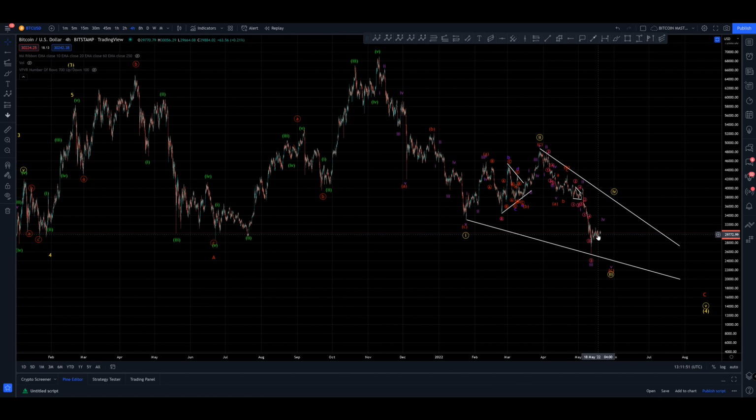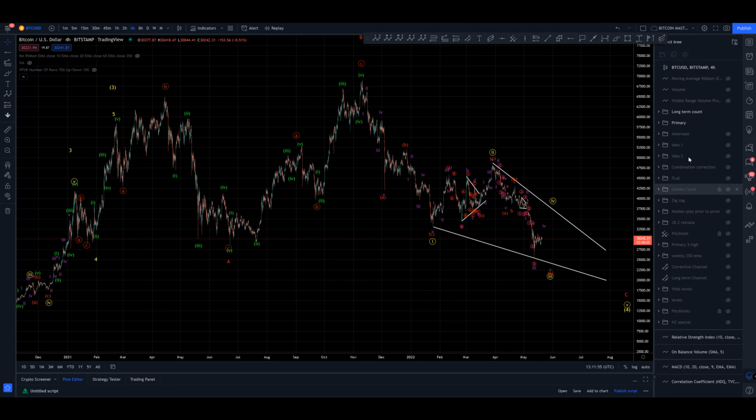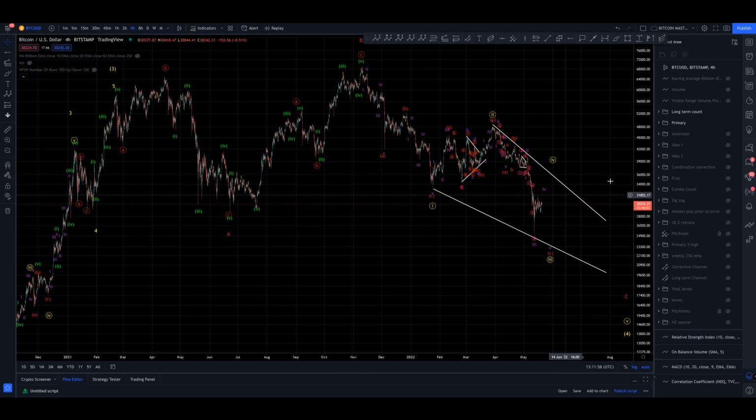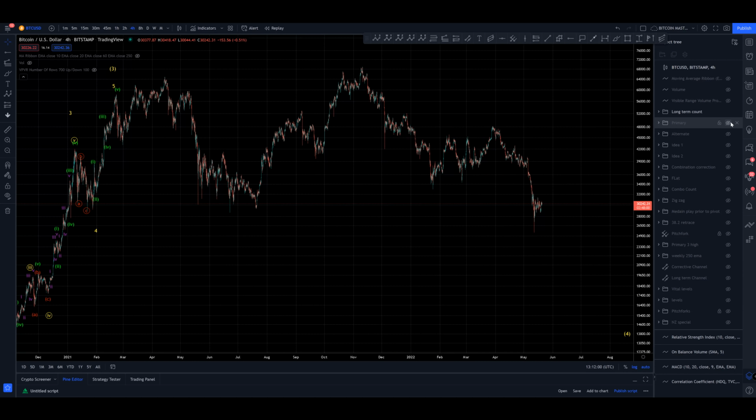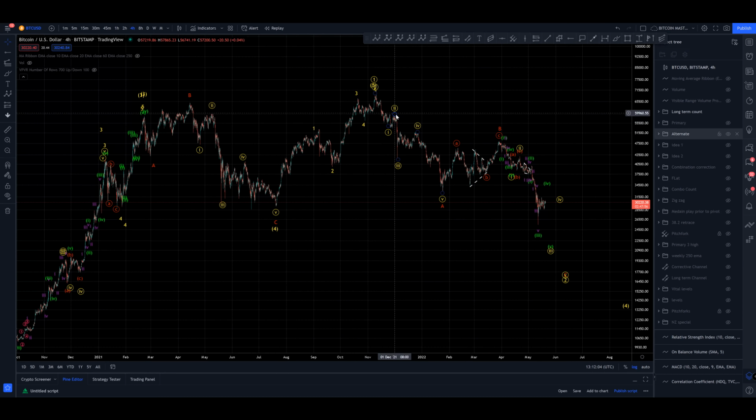Now, I've got explanations for what's going on here in the 4, but I can kill 2 birds with 1 stone if I now move on to the alternate, which I think I'll do. Because there's going to be the same correction, essentially. So let's bring up the alternate idea. The alternate idea is that the flat back here, ABC, was the whole 3 into the 4.